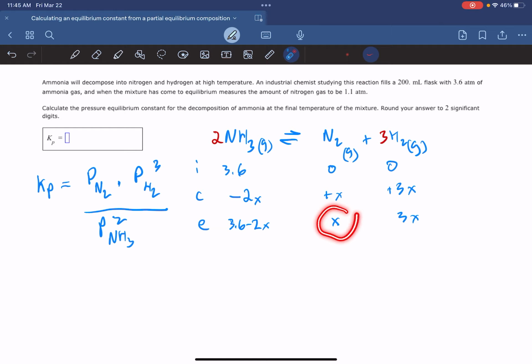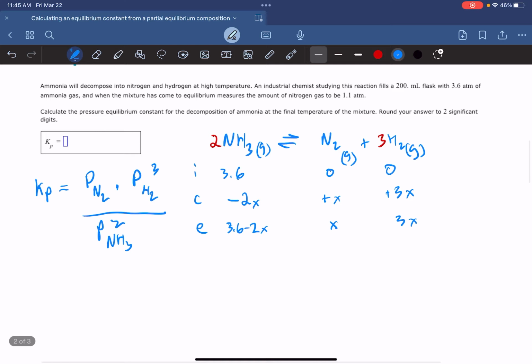So isn't x at equilibrium the N2, and wouldn't that be equal to 1.1 atm? That's really helpful because we know that x is equal to 1.1 atm. So wouldn't this be 3 times 1.1, and wouldn't this be 3.6 minus 2 times 1.1? We can plug all these variables back into our equation.